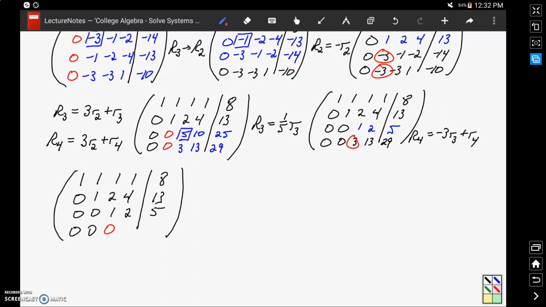So we'll zero out that third value, and then the rest of that row will become 7 and 14.